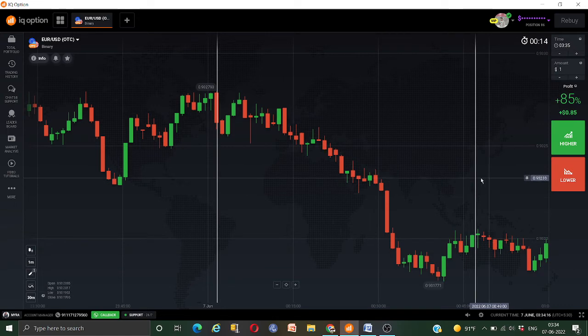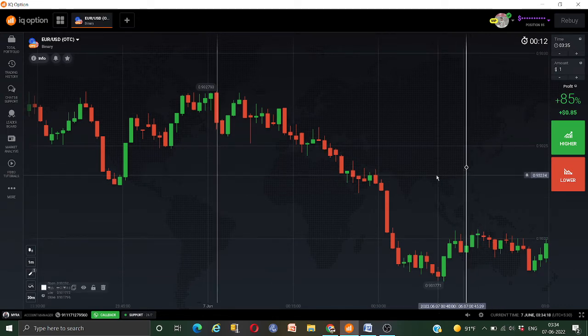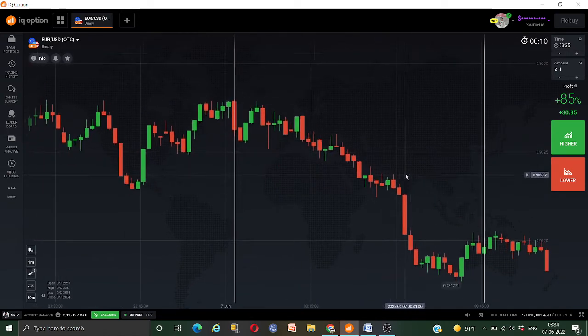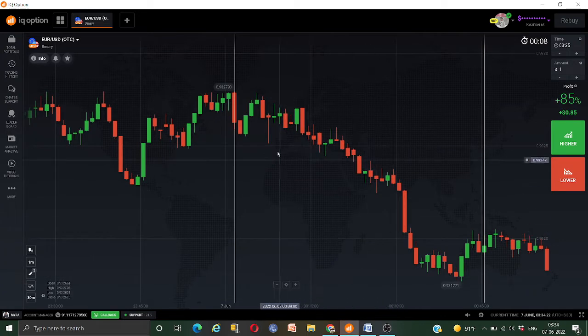If you consider this trend, you can find 28 red candles over here, and only a few green candles: 1, 2, 3, 4, 6, 10, 13, 16.